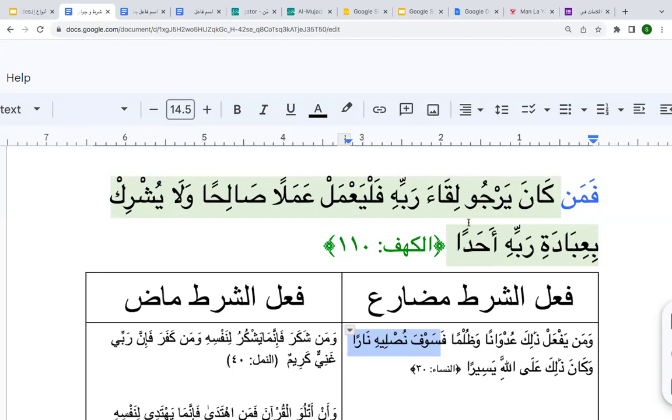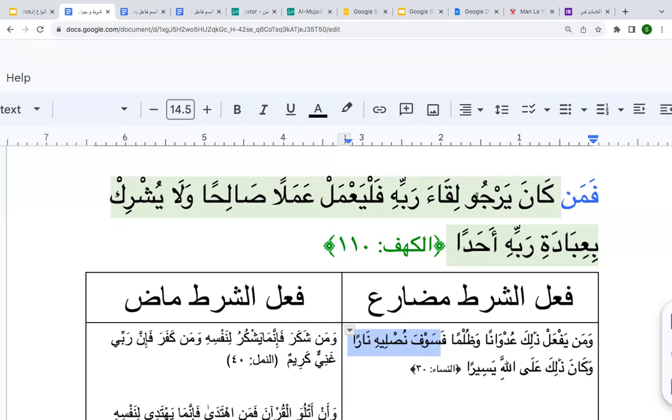So is the case going to be yarju? Looking at the fail level, what is the status of yarju? It is rafin status. Why rafin status? It is marfu bidammatul, because there is a waw at the end and there is an implied dhamma, implied, not zahira, because there is no dhamma there.